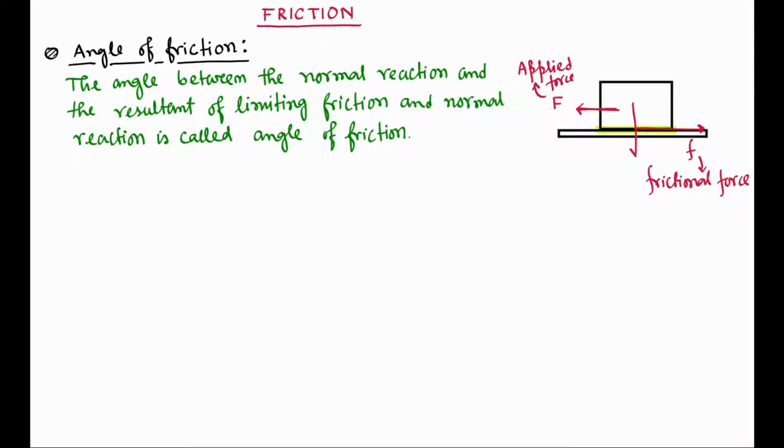If m is the mass of the body, then mg is the weight, and R is the normal reaction on the body by the surface.